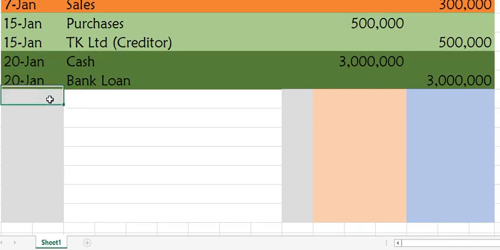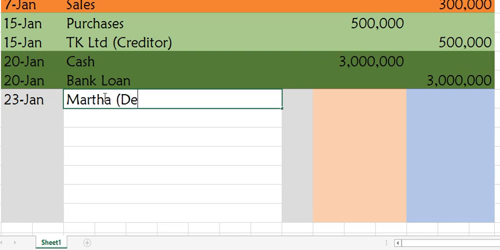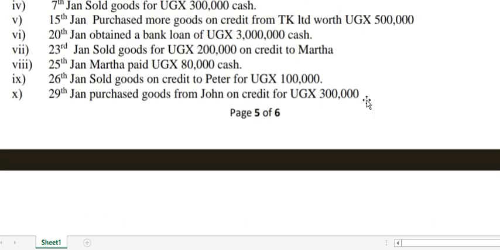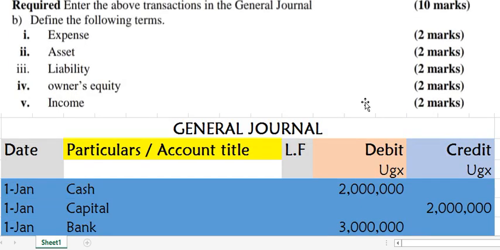So on 23rd, the transaction gives rise to an asset, and our asset in this case is the receivable, who is Martha. Debtors are assets to the business. According to the rules, if I'm to increase an asset account, I have to make a debit entry.